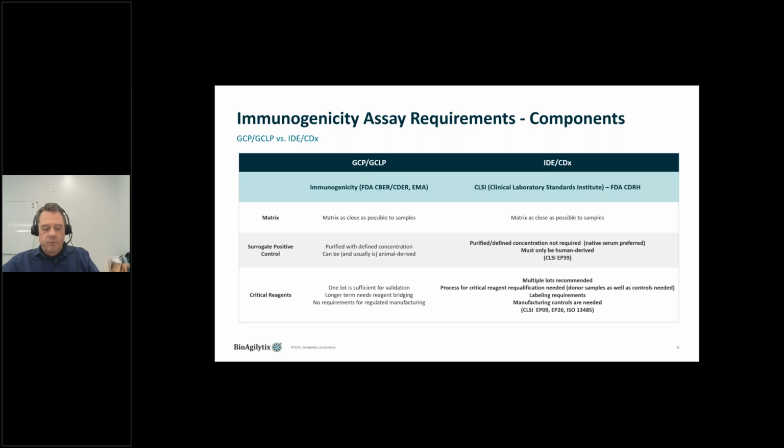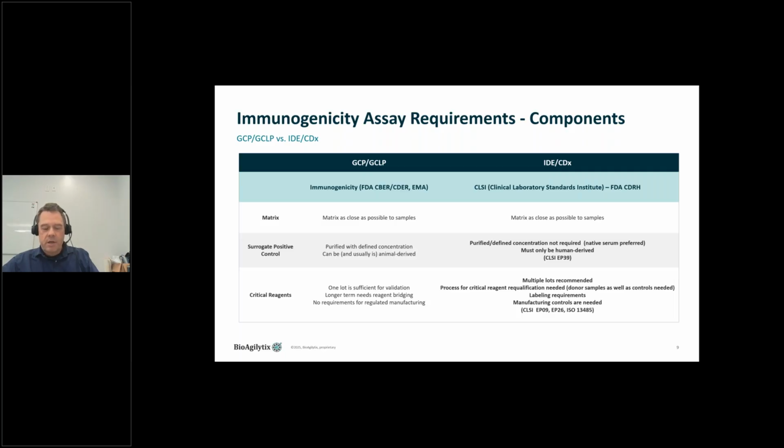And then finally, for critical reagents for immunogenicity, lot-to-lot variability, of course, needs to be considered, but it's not really a formal validation requirement. However, for an IDE, the CDRH does want to see multiple lots used in the validation and lot-to-lot variability included in the precision table.